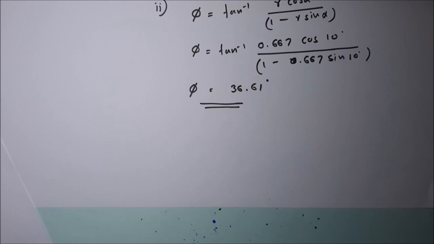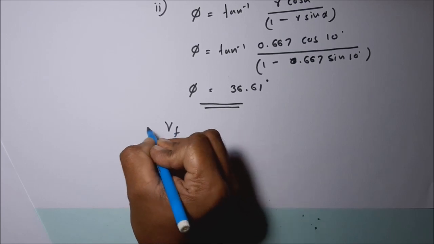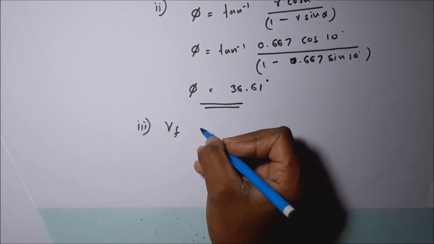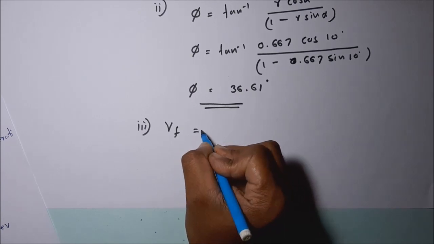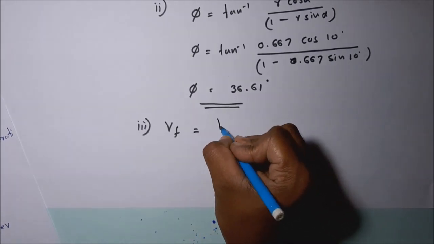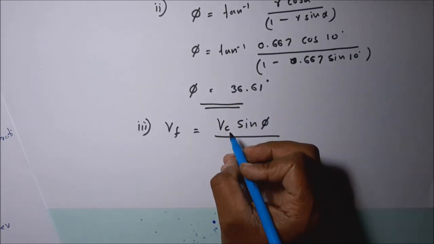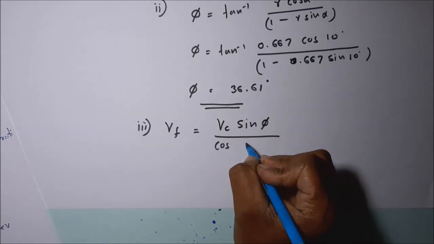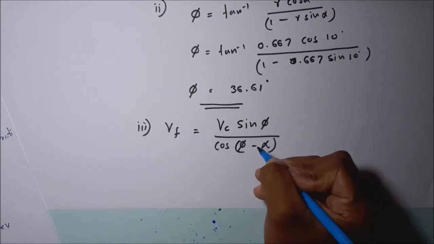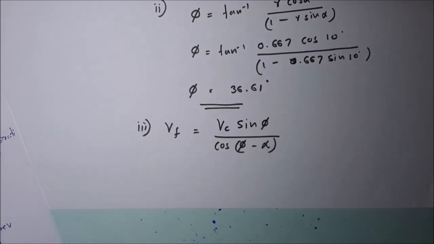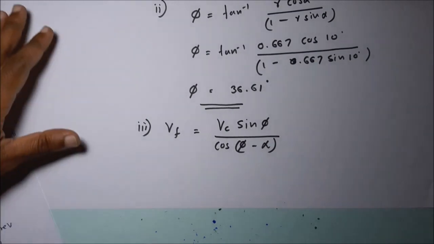The velocity of the chip along the tool face, VF, the chip flowing velocity, is VF equal to VC sin phi divided by cos of phi minus alpha.